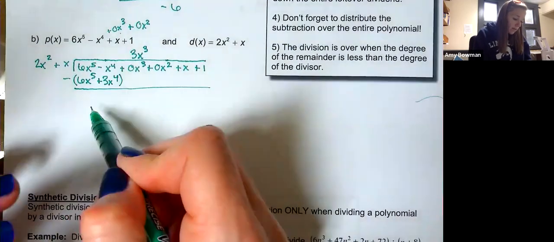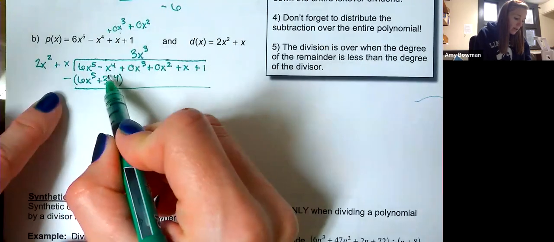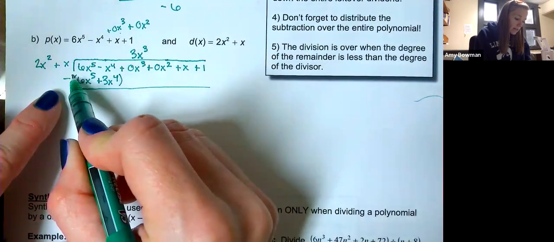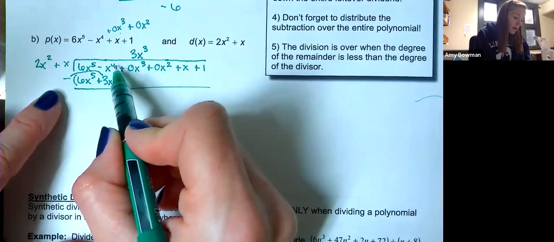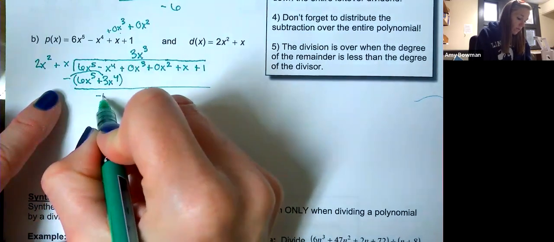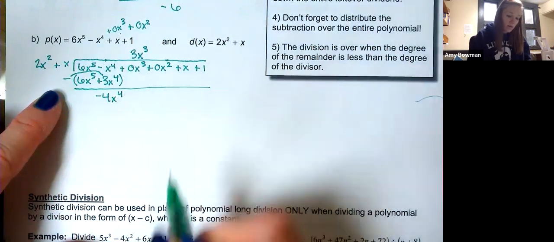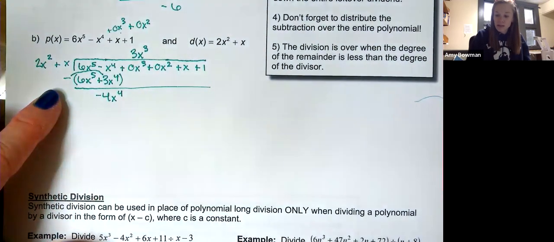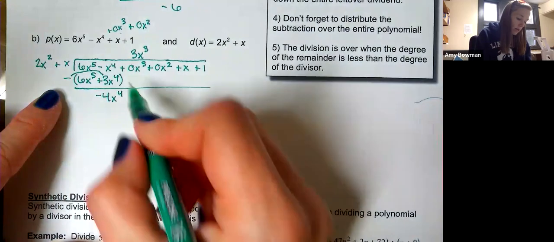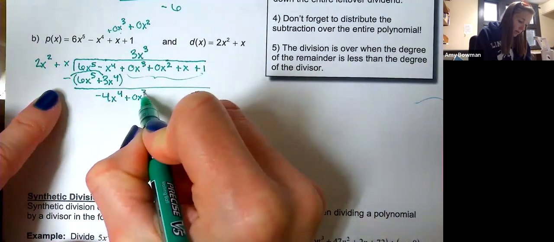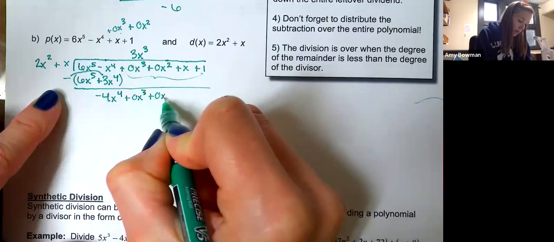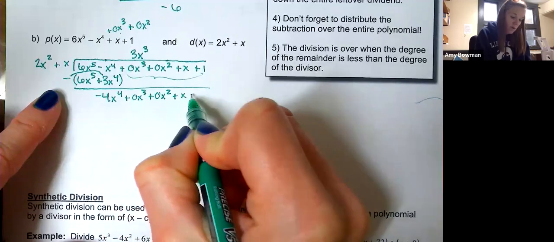So the x to the 5th terms are gone, and I have negative x to the 4th minus, don't forget that minus distributes, 3x to the 4th. So negative 1x to the 4th minus 3, that's negative 4x to the 4th. And then from here, we're just bringing down everything. So bring down the whole rest of this: 0x cubed plus 0x squared plus x plus 1.